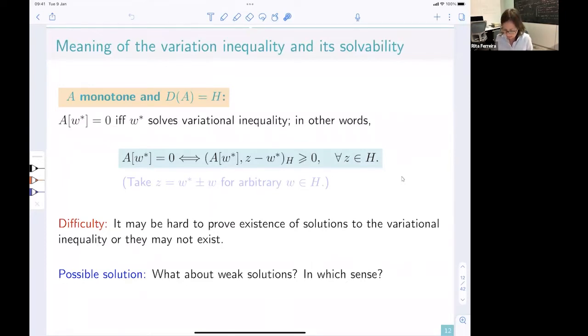This is in the case where the domain of A is the whole Hilbert space. Of course, this can be generalized. This implication is obvious, because if A is 0, of course this quantity is non-negative.